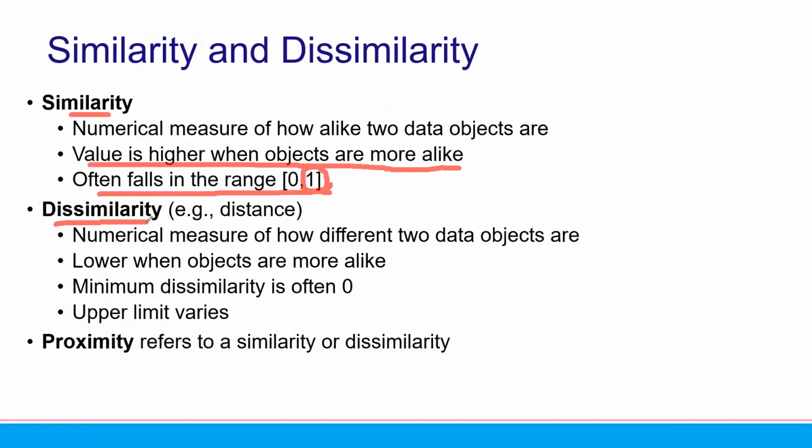But the dissimilarity, or we can say the distance, is lower when objects are more alike. So if it is 0, then the objects are more alike. The upper limit varies. It means the upper limit can be any number, can be 100, can be 1000, can be 1 million, and so on. So proximity refers to similarity or dissimilarity.